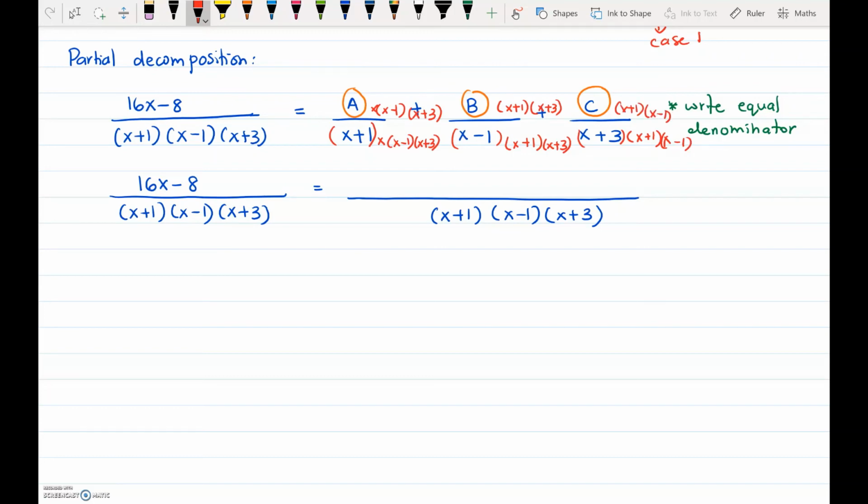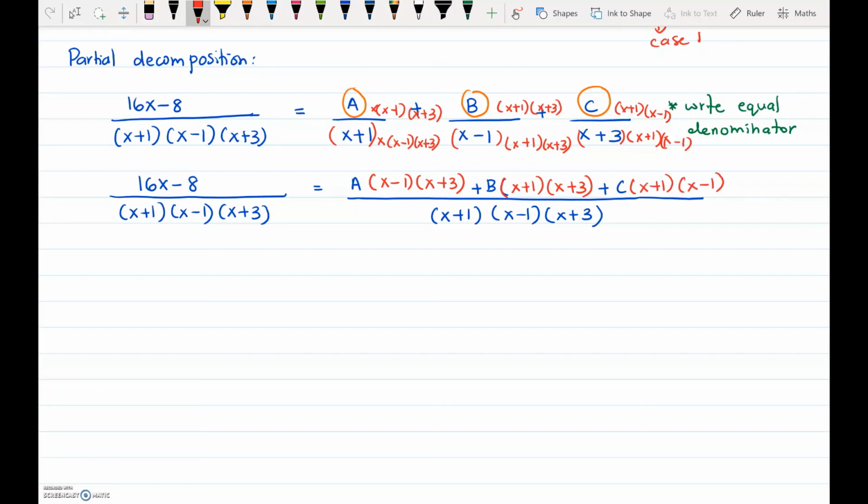Okay, so this is the concept that you will use to write the equal denominator. For now, your numerator will be a(x - 1)(x + 3) + b(x + 1)(x + 3) + c(x + 1)(x - 1).